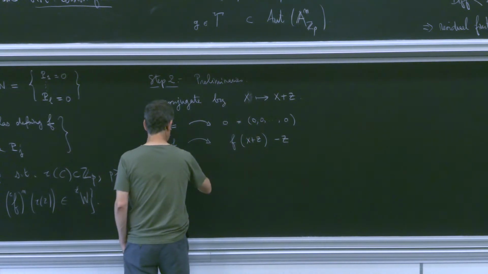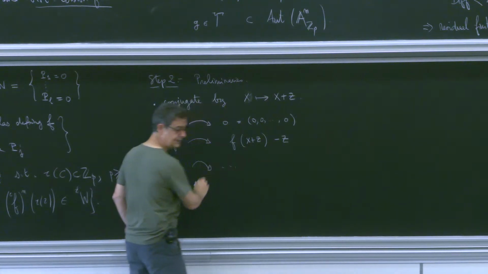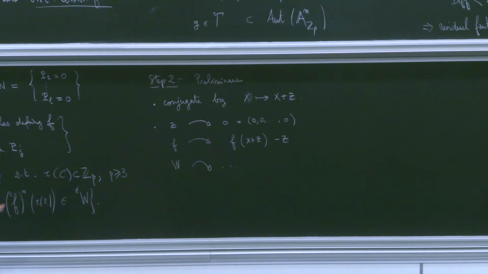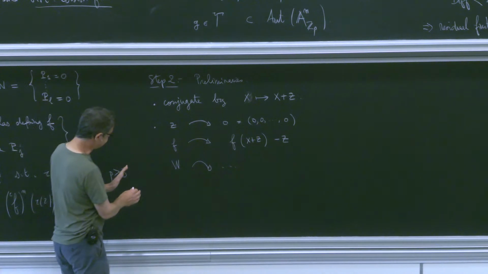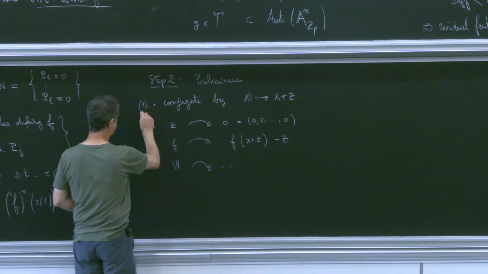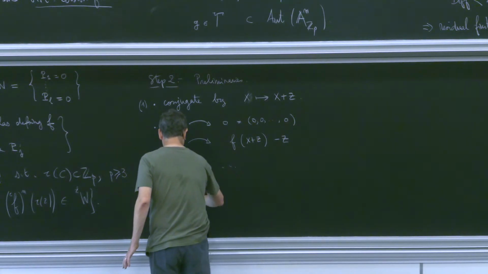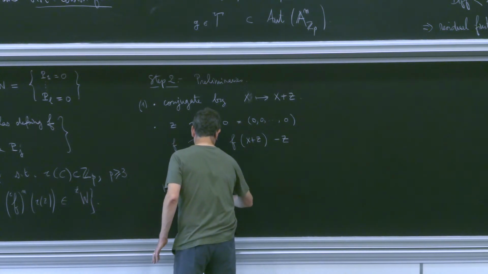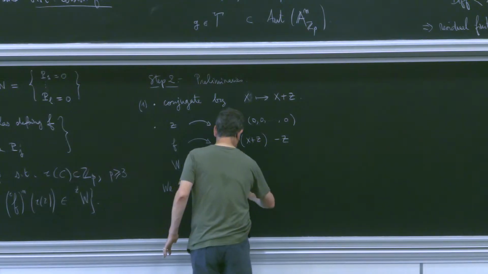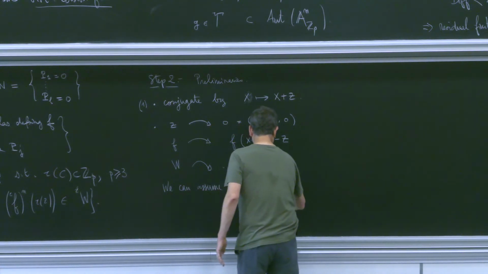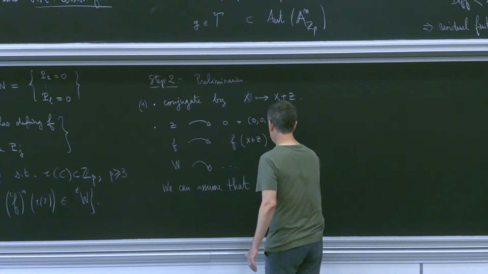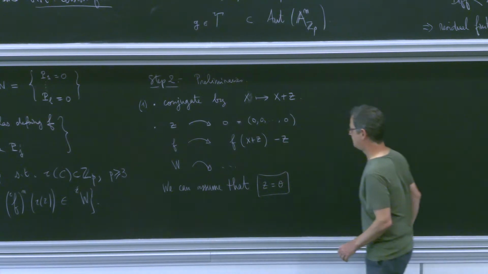You replace w by something, etc. Now everything is defined over Zp again, and we can assume that z is the origin.